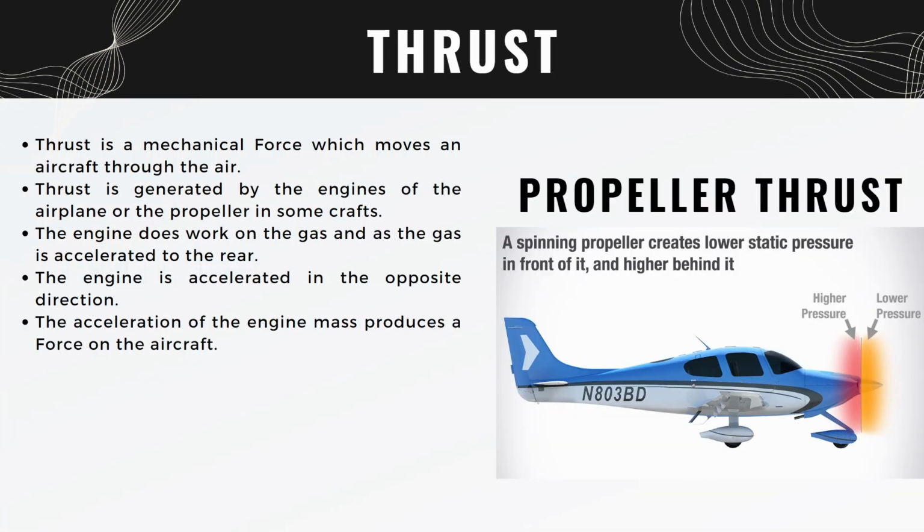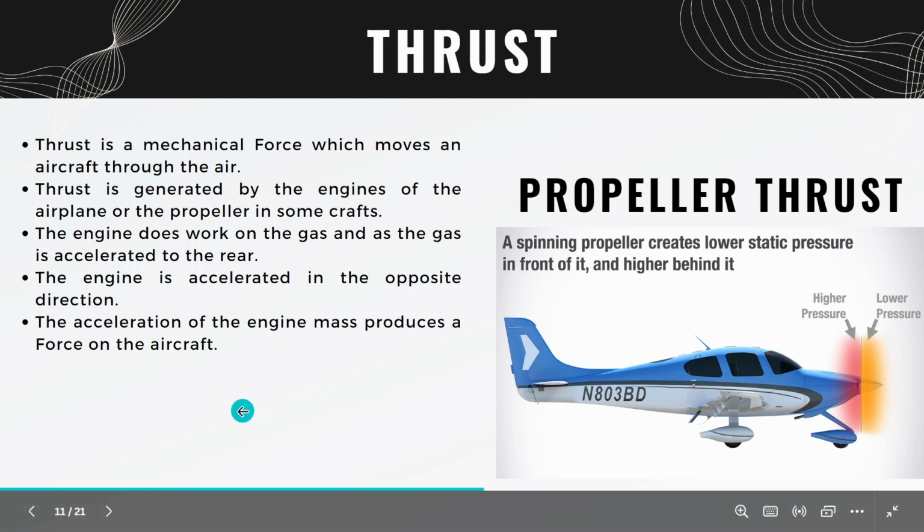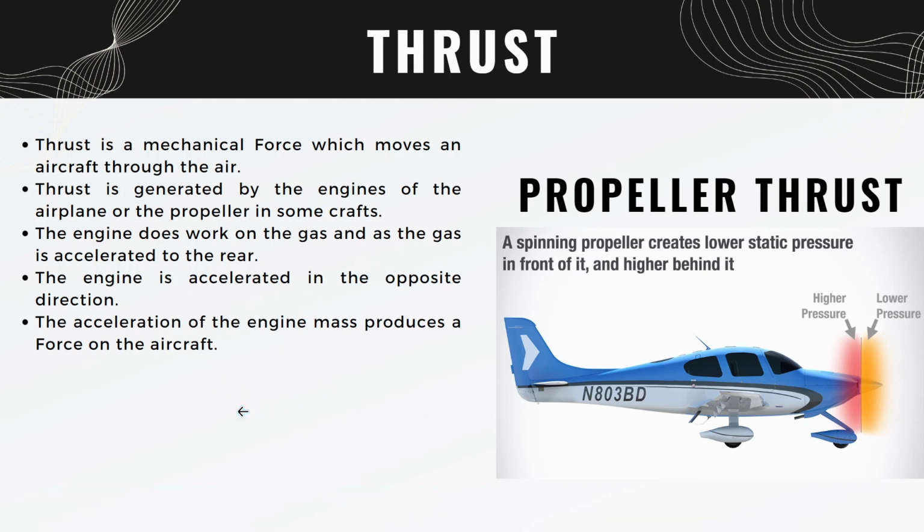So thrust is a mechanical force which is generated by the aircraft through its engines. And there are generally two ways this force is generated. One is by the propeller, and the other is the gas engines which generate this thrust. So we know that there's fuel in the engine, which when combusted expands or accelerates towards the backwards direction, right?